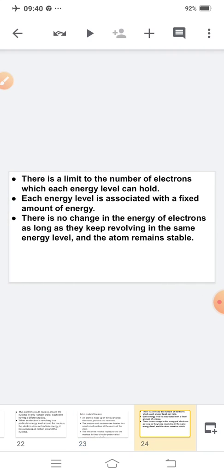There is a limit to the number of electrons which each energy level can hold. Each energy level is associated with a fixed amount of energy. There is no change in the energy of electrons as long as they keep revolving in the same energy level and the atom remains stable. Clear?